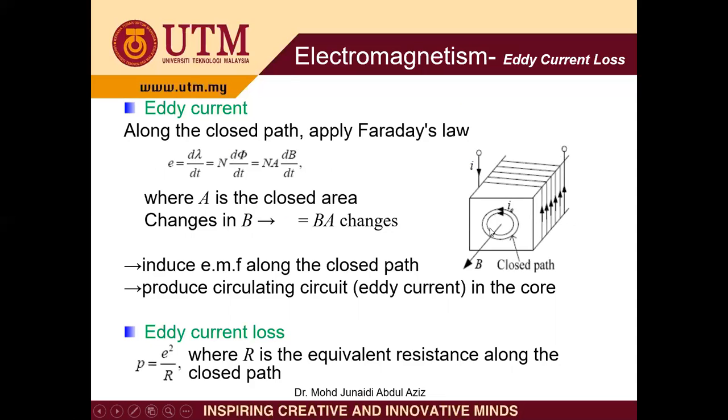This current is what we call the eddy current. Since this is a current and the material also has its own internal resistance, this will produce eddy current losses. The eddy current losses can be obtained by using these equations.